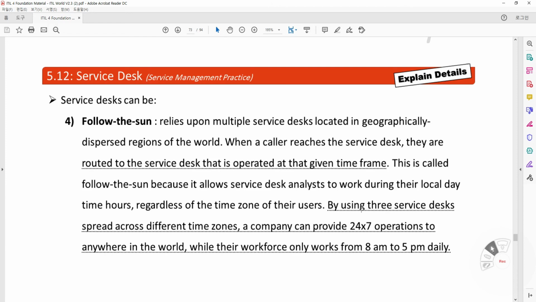By using 3 service desks spread across different time zones, a company can provide 24-hour, 7 days operations to anywhere in the world, while their workforce only works from 8 a.m. to 5 p.m. daily.